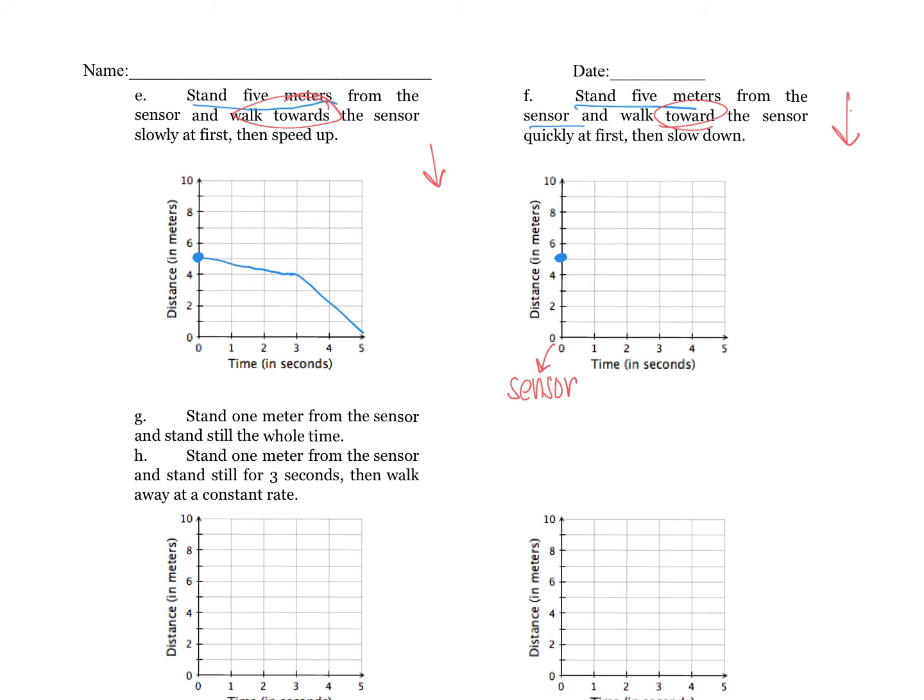At first, we're moving quickly, and then we begin to slow down, okay? So what this would look like is in the beginning, in maybe 2 seconds, we get 3 meters. And then we get out of breath, so we begin to just move very slowly towards the sensor. Okay?